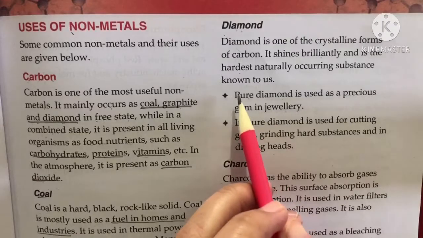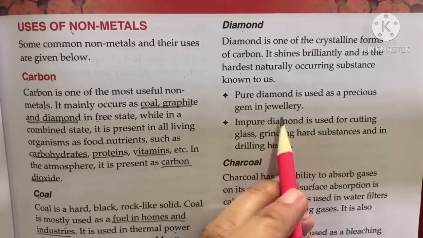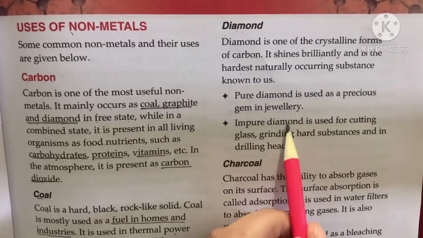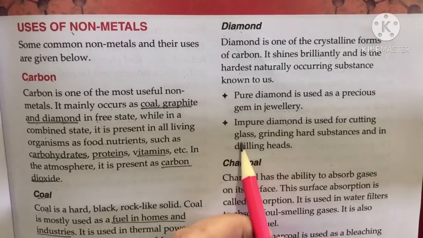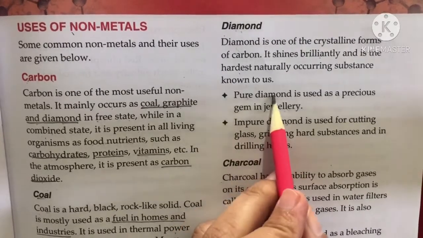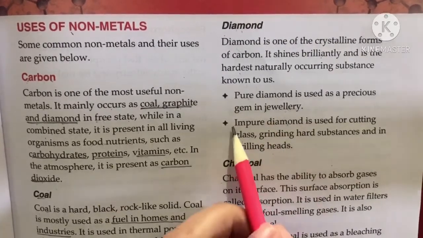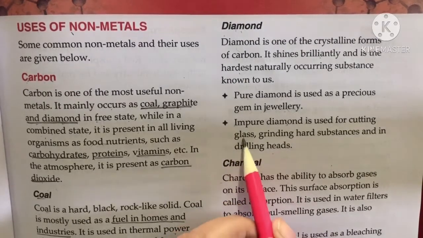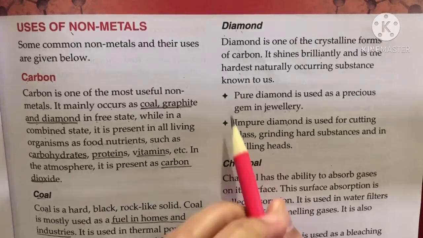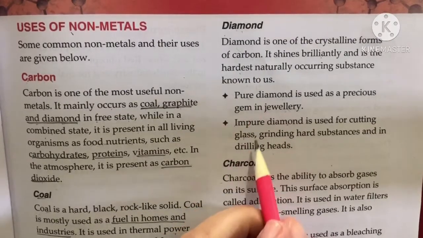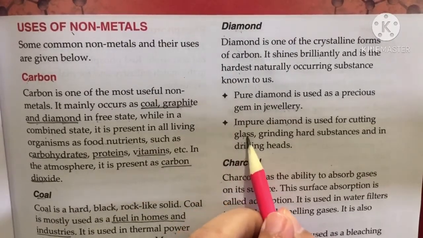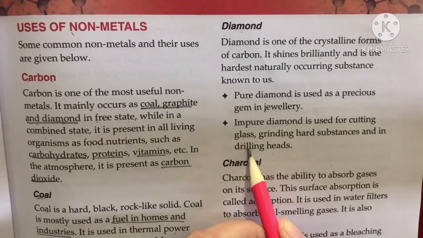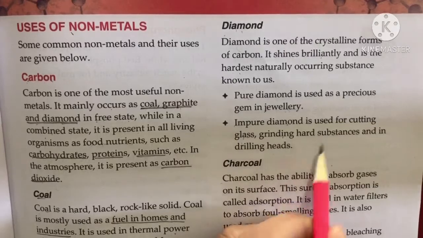You can see that diamond is present in the jewelry that we wear. Impure diamond is used for cutting glass, because of its hardness. It is used for cutting glass, grinding hard substances and in drilling heads due to its hardness.